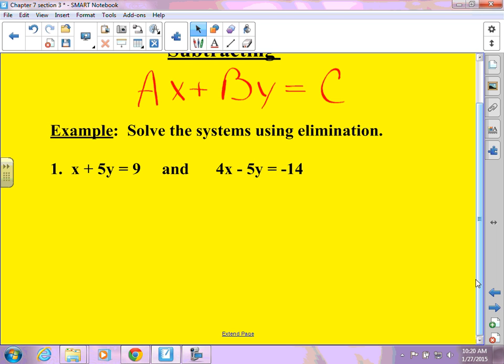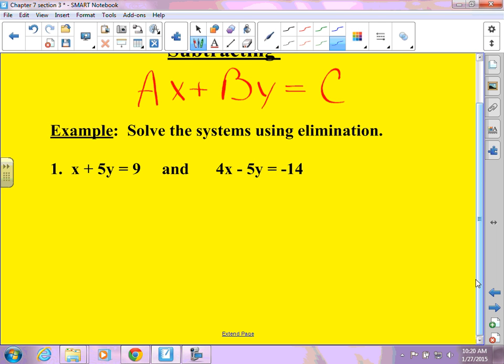Now, I'm going to stop right there for just a minute. Do you remember in elementary school when you added and subtracted decimals? What had to occur when you added or subtracted decimals? You had to line up the decimals. And if you didn't line up the decimals, it was wrong.